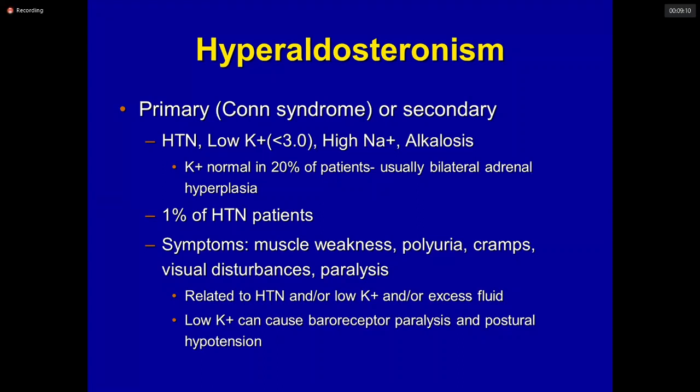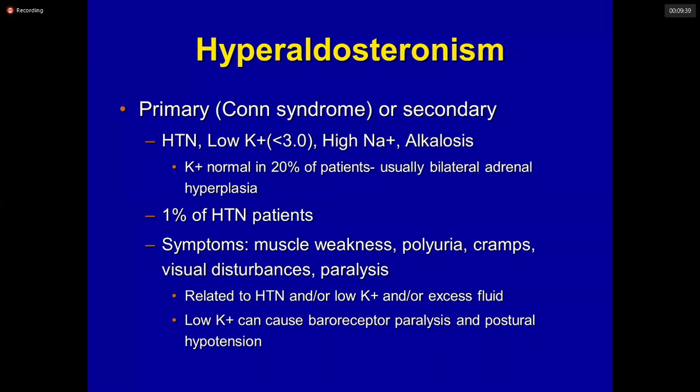While in secondary forms, which is not related to adrenal tumors or pathology, there will be high renin and high aldosterone. Now, in order to label somebody as having hyperaldosteronism, usually the presentation is by hypertension, because we've said that there will be more sodium reabsorption, and that will elevate the blood pressure.